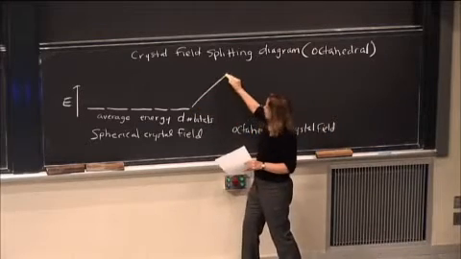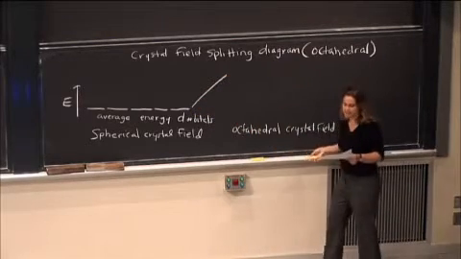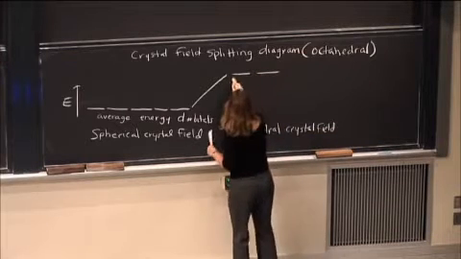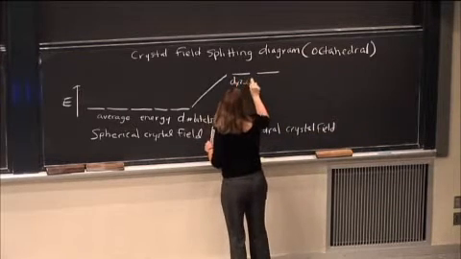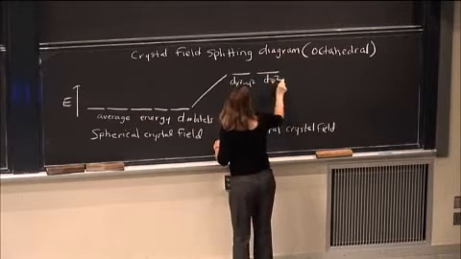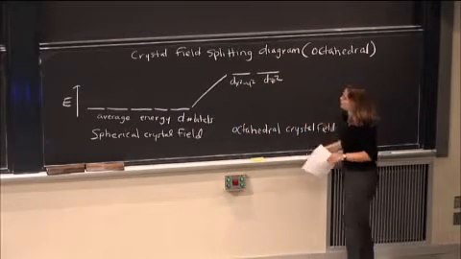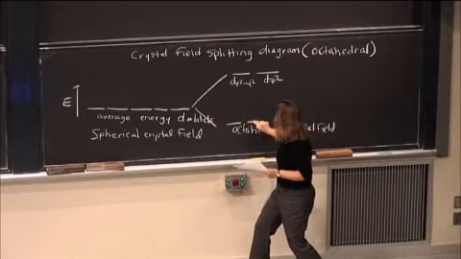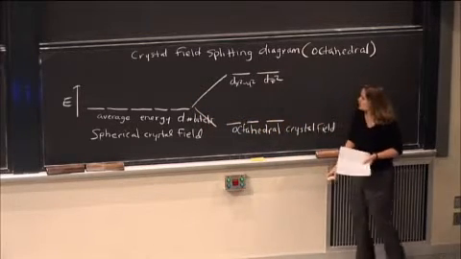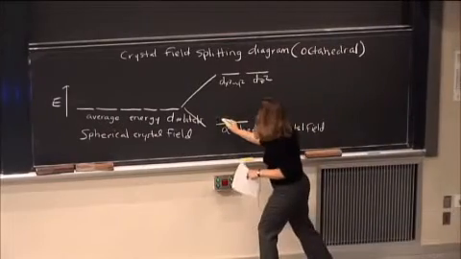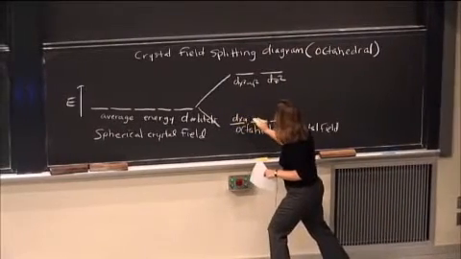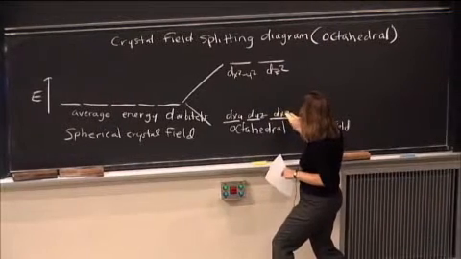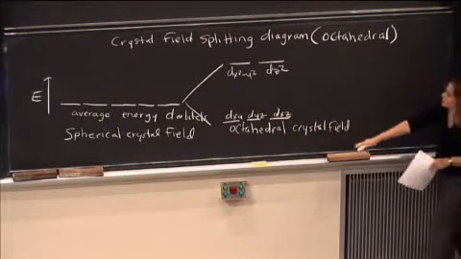So some of our orbitals are going to be destabilized, and they'll be higher in energy here. So we have the dx squared minus y squared and dz squared over here are going to be higher in energy. And we're going to have 3 that are lower in energy. So we'll have our dxy, our dyz, and our dxz over here will be lower in energy.